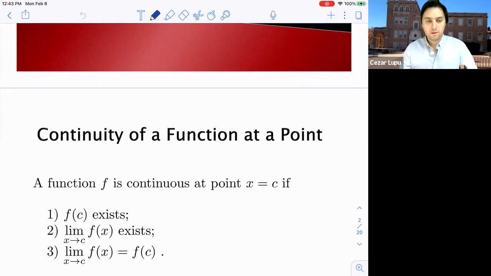These three conditions are the following. The first one is that the value of f at that particular point exists. In other words, f of c exists. This is important.